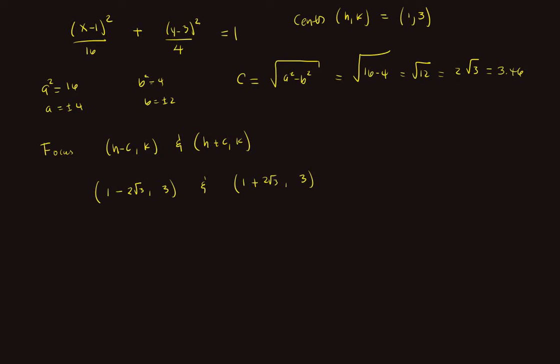We haven't drawn this yet, but we're going to draw it in a second. Now we have to find the vertices. Because this is aligned along the x-axis, the vertices are h minus a and k, and h plus a and k.